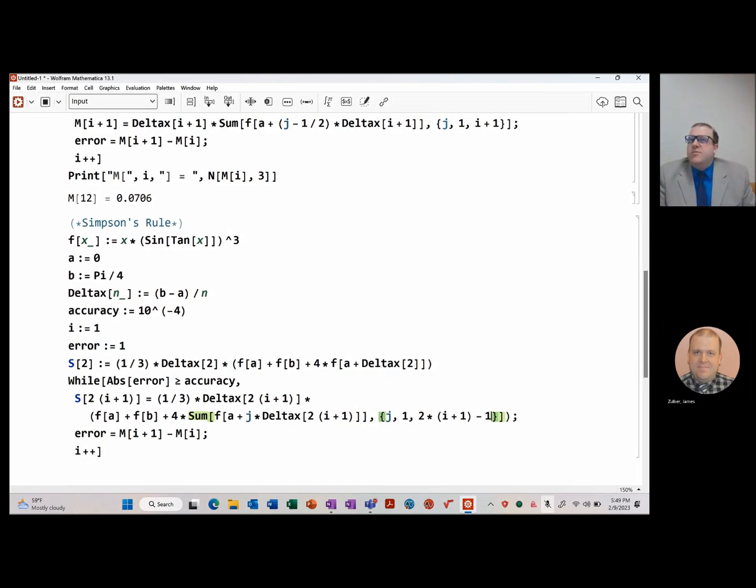Here's the thing, though. The sum is going to run j equals 1 through whatever that term is. That includes all the evens. Right, so it'll be 1, 2, 3, 4, 5. We don't want those, right? We just want 1, 3, 5, 7, 9.